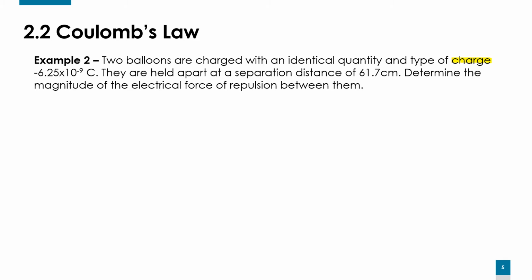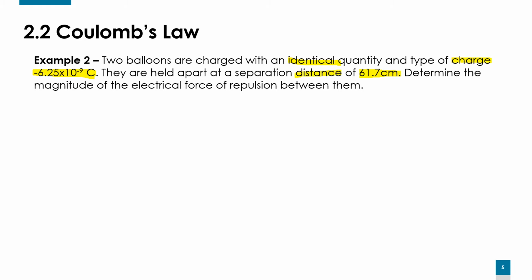They said the 2 charges are identical, so both charges are the same: minus 6.25 times 10 to the power of minus 9 Coulomb. So now I have my charge. They are held apart at a separation distance of 61.7 centimeters. So it gave me the distance.